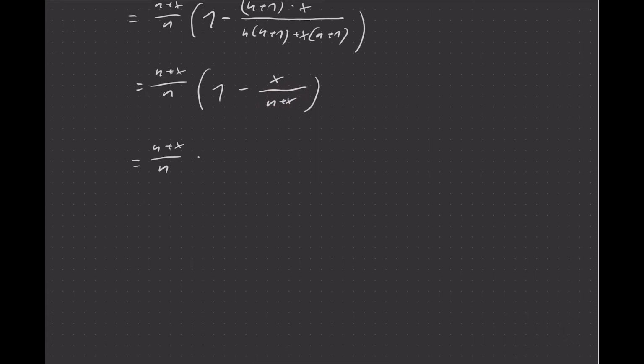So 1 is the same as n plus x over n plus x. And then we have this minus x here. And you can see that nicely works out here. So this is n plus x over n times, and now this plus x minus x cancels out, and we're left with n over n plus x. So all in all, this is exactly equal to 1.